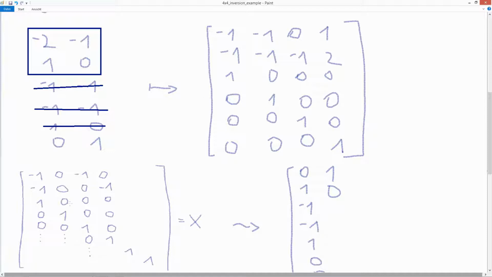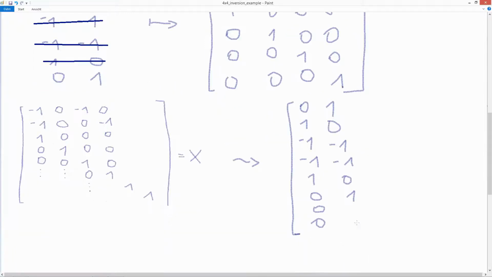So we have -1 times -1 is -1. -1 times 0, -1. And 0, 1. 0 and 0.